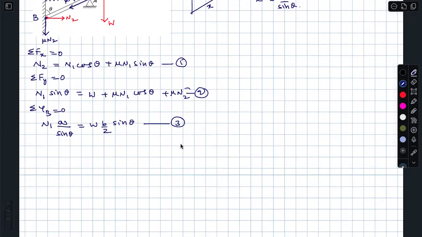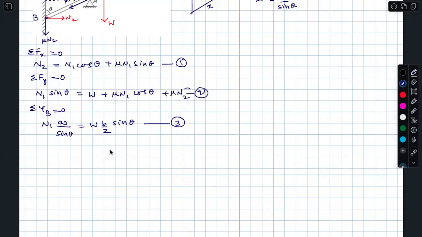Equation 3. Right. Equation 3. Done. So you have equations 1, 2, 3.